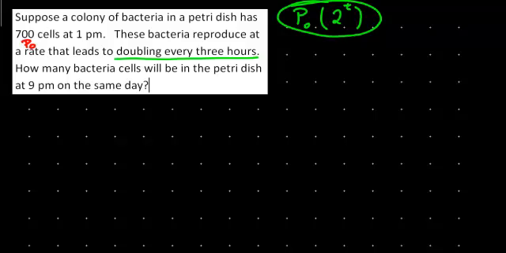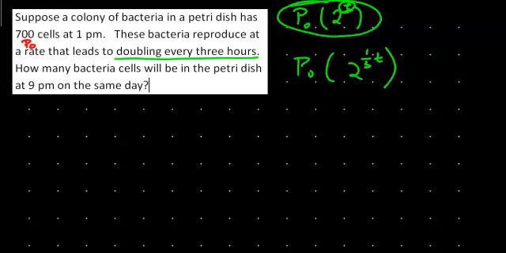If we know that we need it to double, we know that the exponent has to go up there. In 3 hours, we need this to be a 1. That is, I need p naught times 2 to the what in 3 hours? It's going to be 1/3 t.